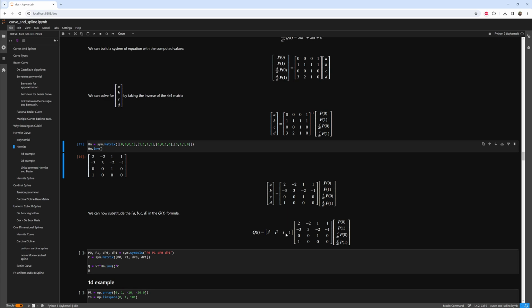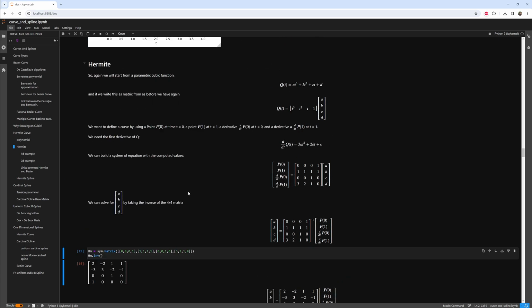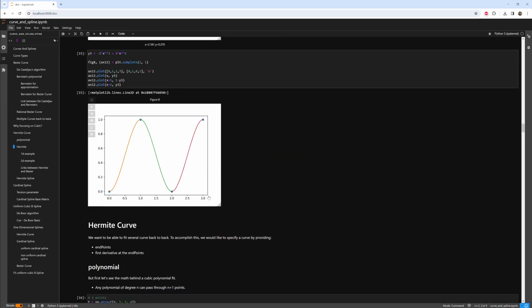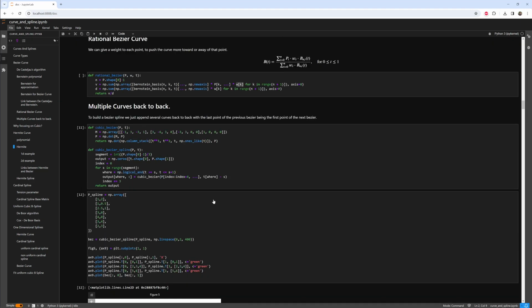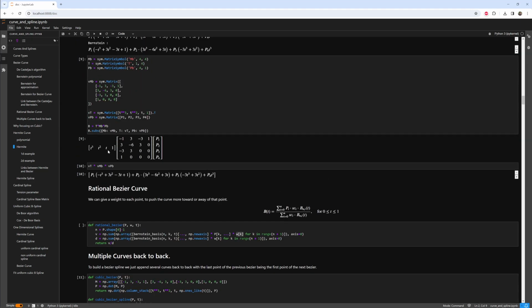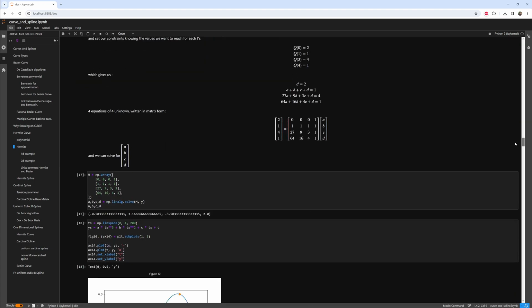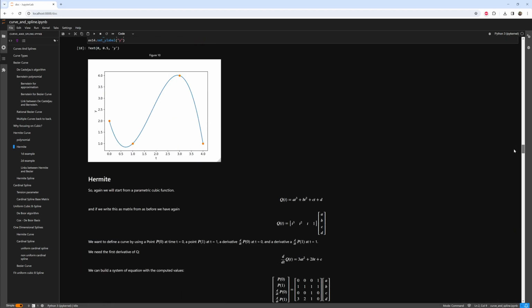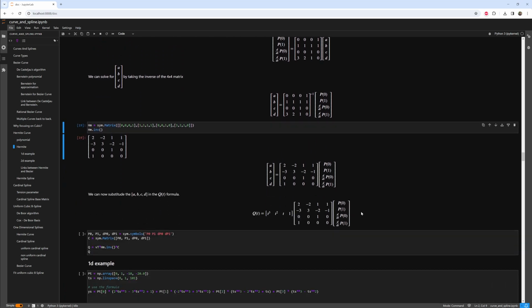Remember this formula, this shape is really close to the one we were using when we said that we want to do matrix form for Bezier curve. See, that's the same, except that the matrix is different, and here we used P1, P2, P3, and P4, but basically it is the same concept.